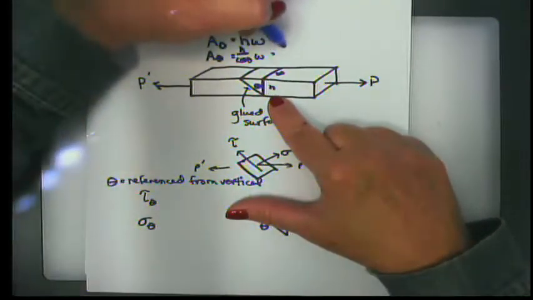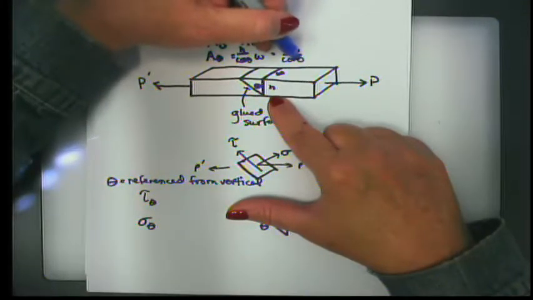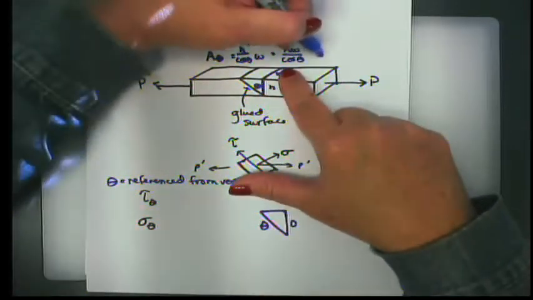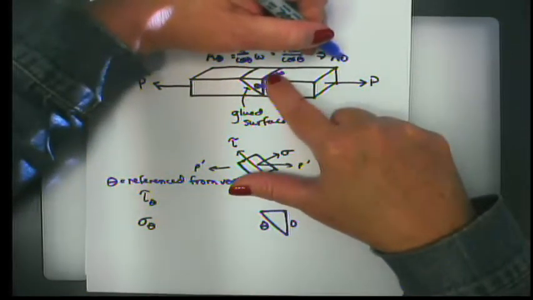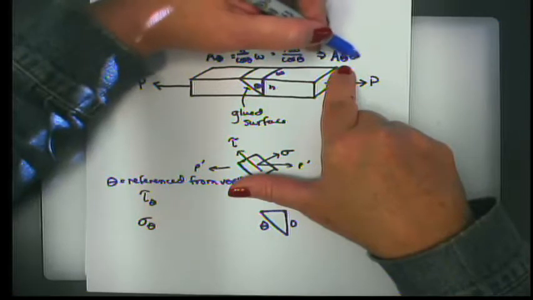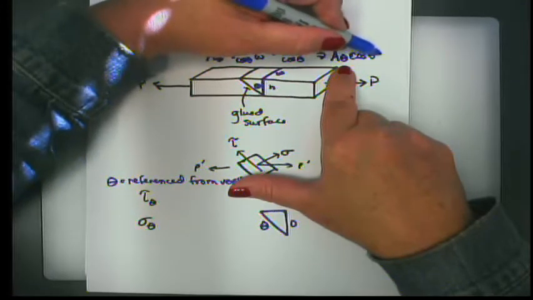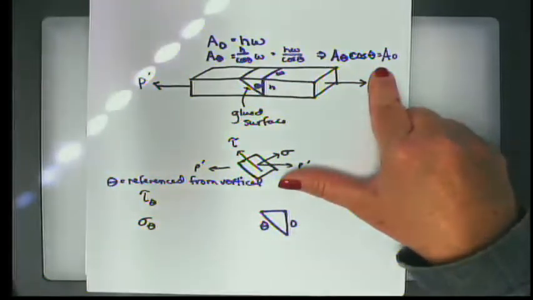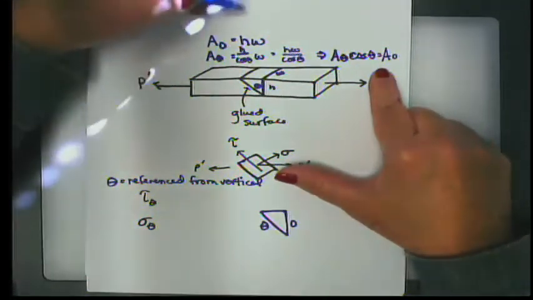So I can then see that this is equal to HW over cosine theta. And from rewriting this equation, A sub theta times the cosine of theta is equal to A sub 0. So I have a relationship now between A sub theta and A sub 0.